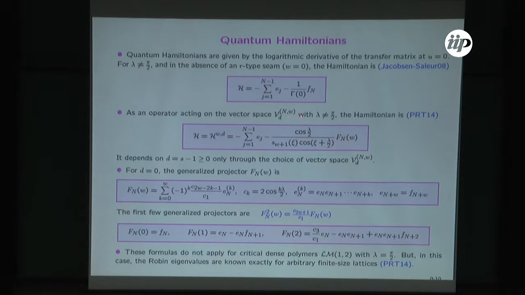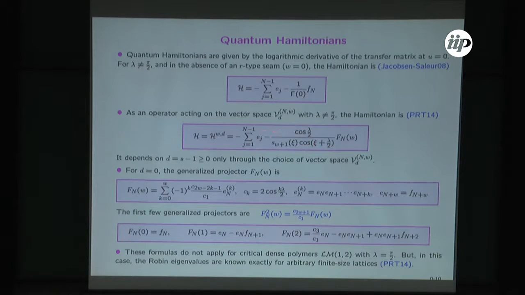So now we have the width of the R-type seam greater than 0, and this is the expression that replaces this one. And this expression is valid for all cases except for the very special case lambda equals pi on 2, which is critical dense polymers. But fortunately, in that case, the system has been studied in depth and is analytically integrable for arbitrary finite sizes, and everything has been studied in detail in this paper with Rasmussen and Pearce.